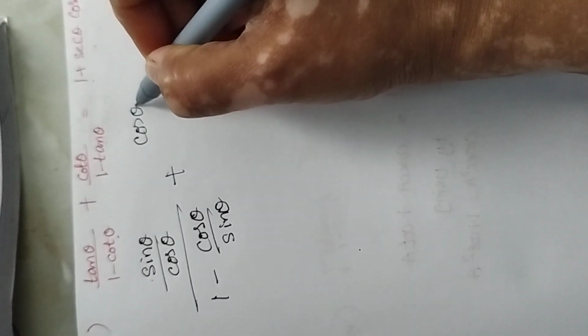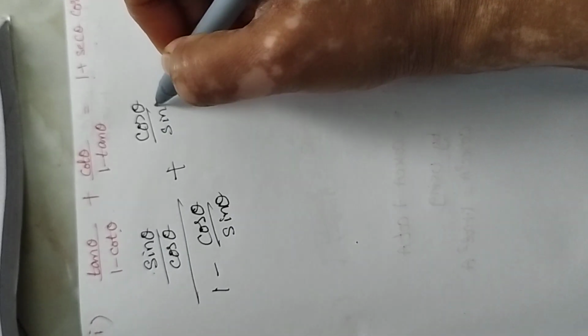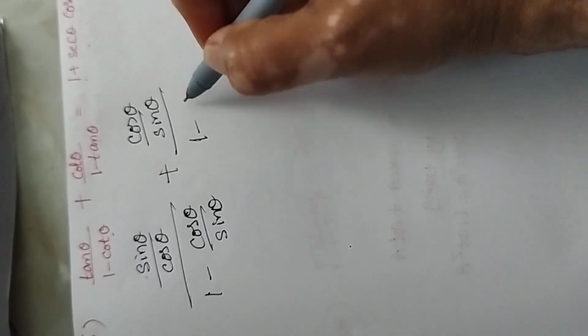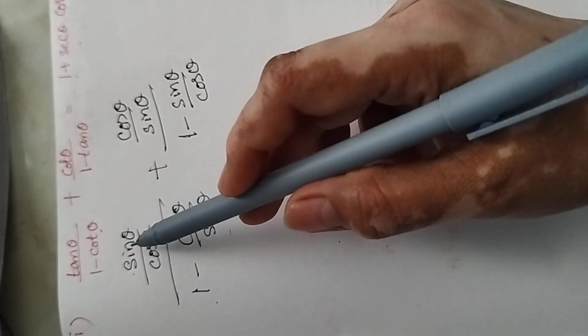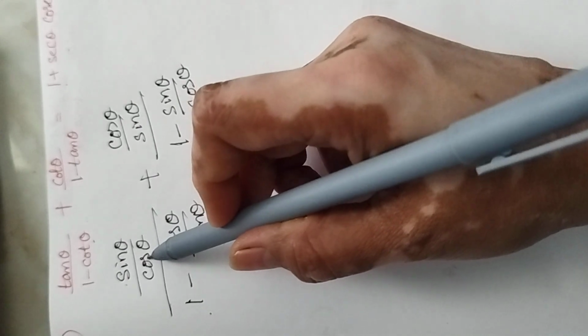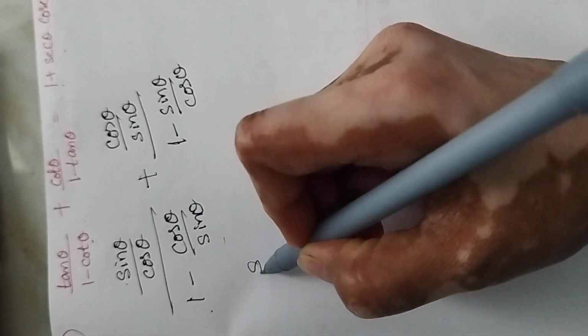I am just doing the conversion: cos theta by sin theta by 1 minus sin theta by cos theta. Now what we should do: in the denominator take LCM and take the reciprocal, those terms we should do. So sin by this, cos comes in the numerator.